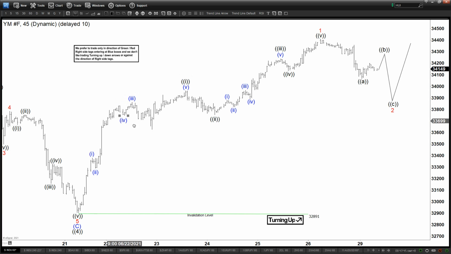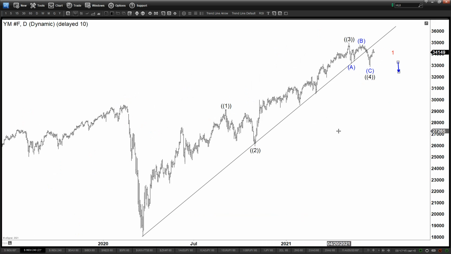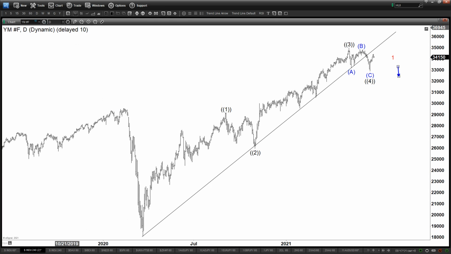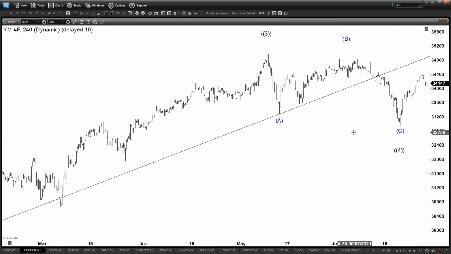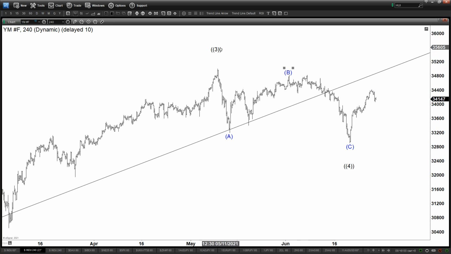Also you need to take into account that if you look at it from the 4 hour here, this decline over here is in 3 swings. Therefore, no need to be bearish when the leg is only 3 swings here, right?